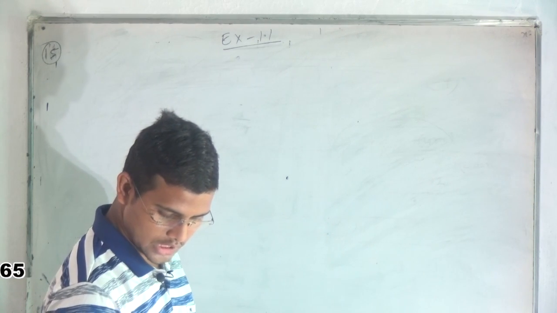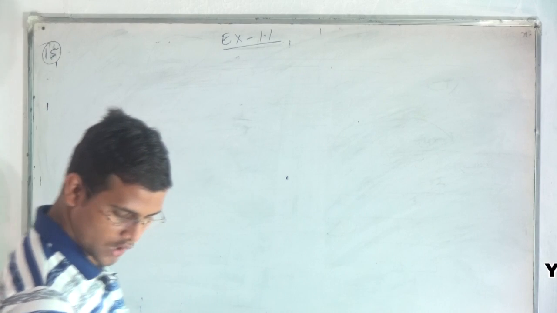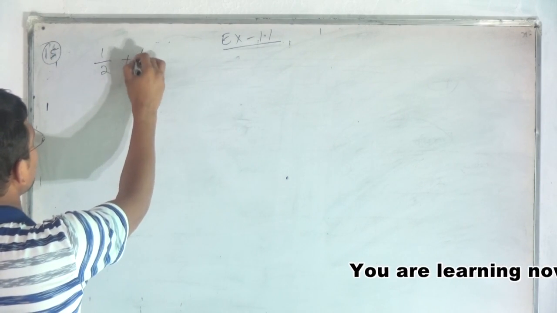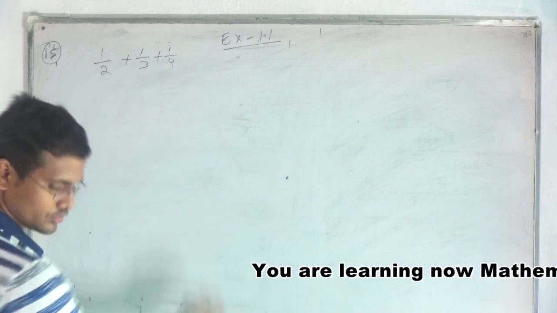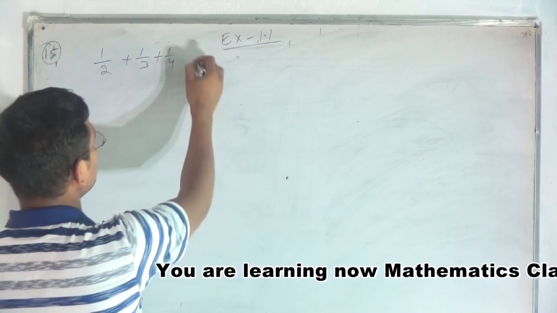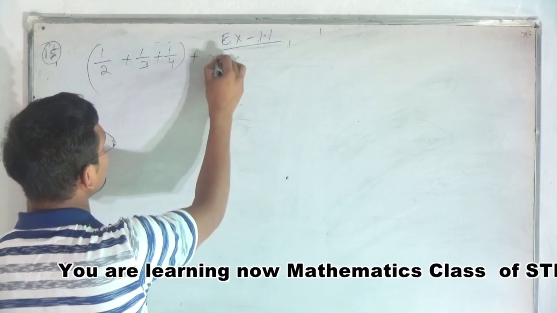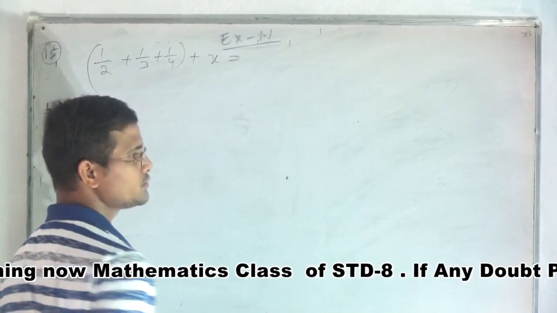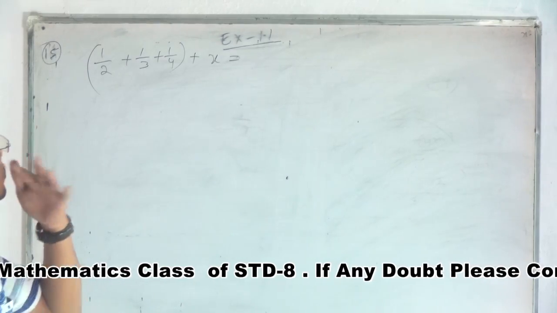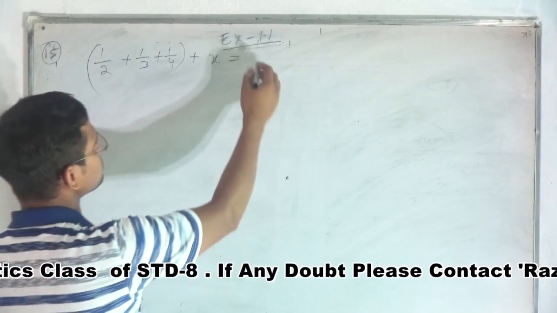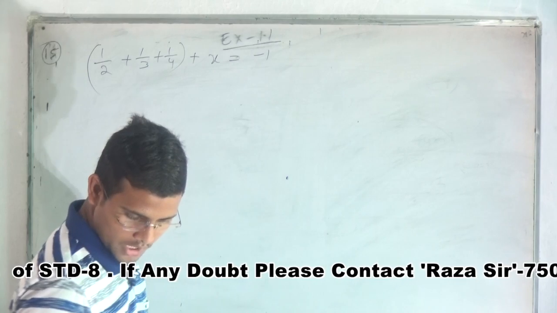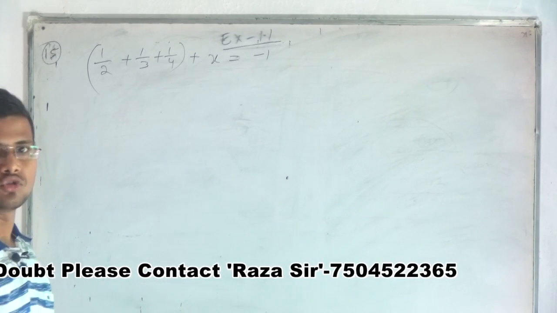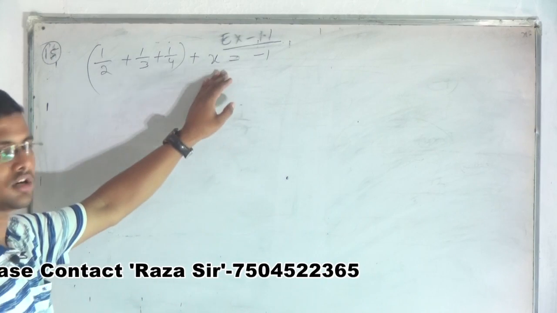What should be added to 1 by 2 plus 1 by 3 plus 1 by 4? Suppose we add x. That means x should be added to this, then we get minus 1. That means we have to find the value of x.